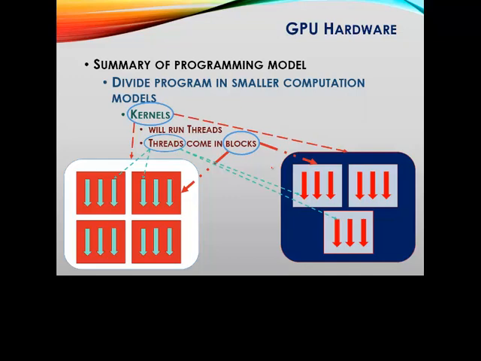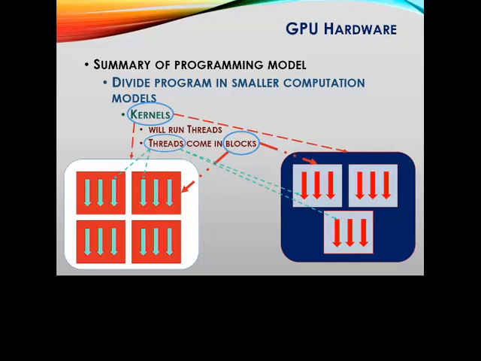We call each of those units of operation, after they're invoked, a thread of operation. So our kernels will run as threads, and then threads come in a spatial packaging that we call blocks. So threads will come in bundles of blocks.